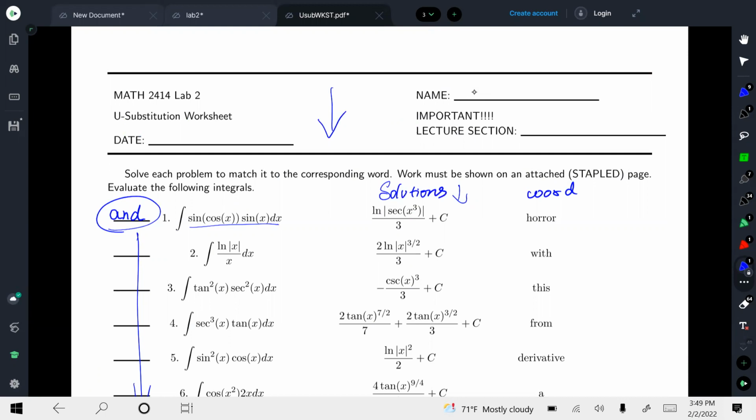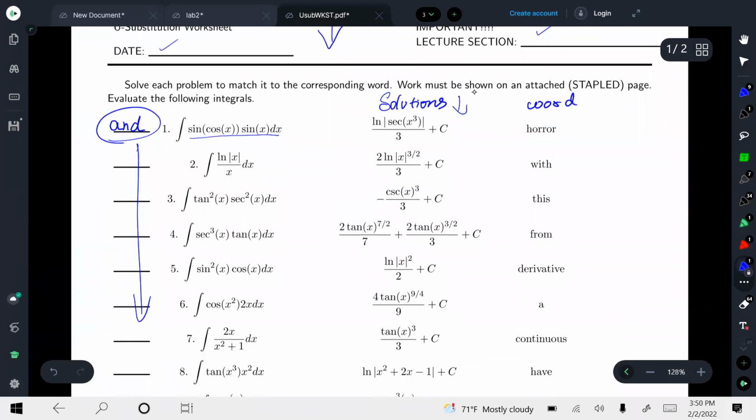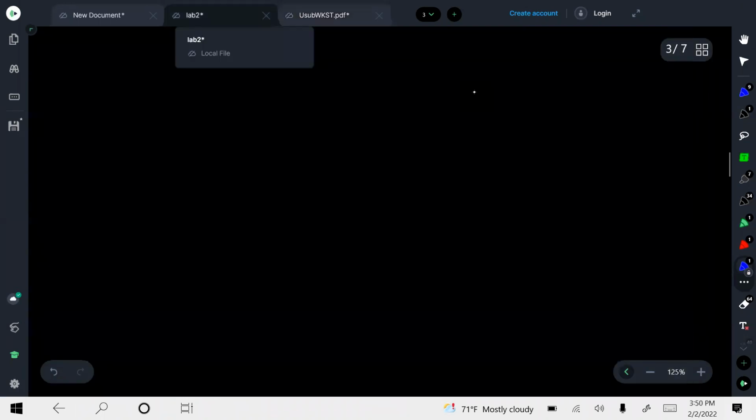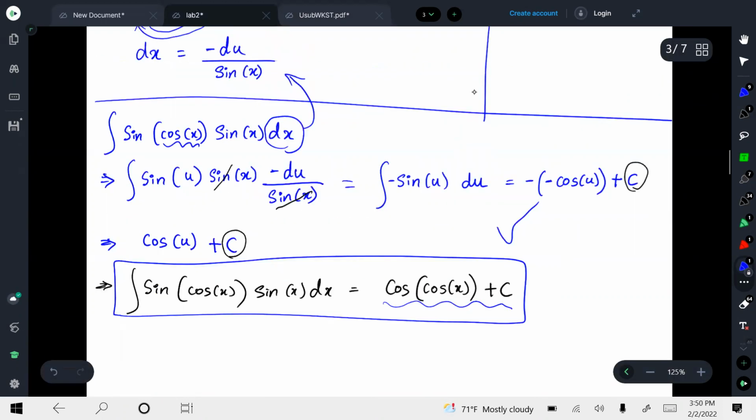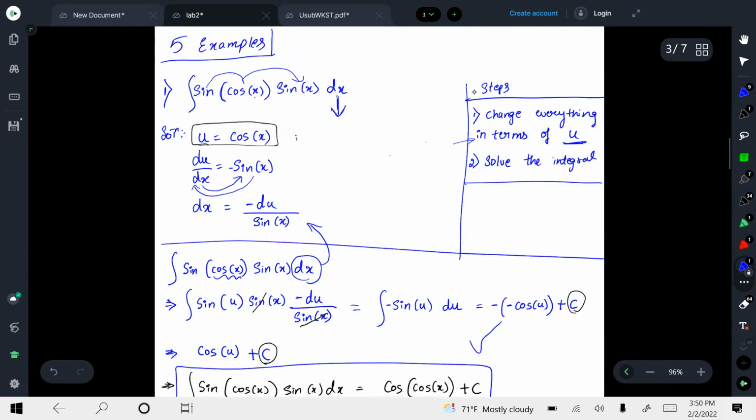Both are quite important. You need to write your name, your section, and date. Fill this column, fill these blanks, and upload this document along with your hand calculations. Okay, got it? So I have completed problem number 1.